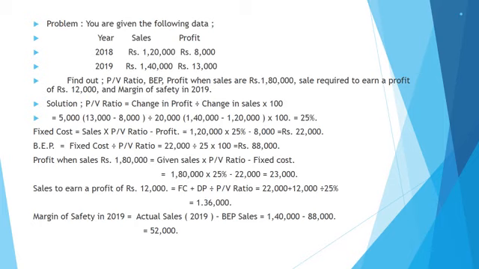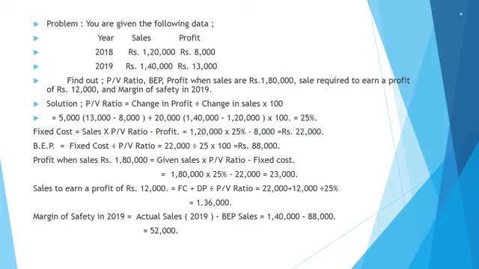Now we can calculate BEP. BEP is equal to fixed cost divided by PV ratio. Fixed cost rupees 22,000 divided by 25% is equal to rupees 88,000.